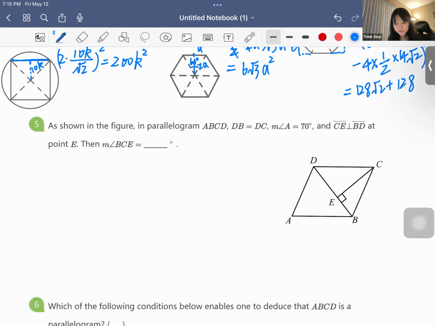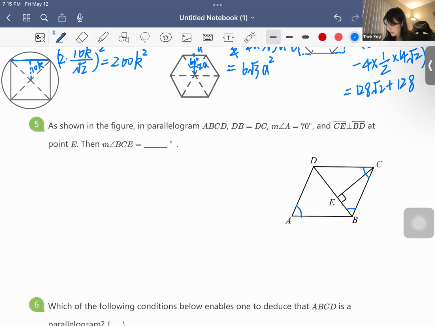As shown in the figure, in the parallelogram ABCD, we have DB equals DC. So we know that angle DBC equals angle DCB and equals angle A, which is the opposite angle.